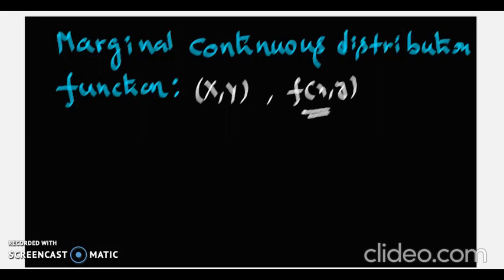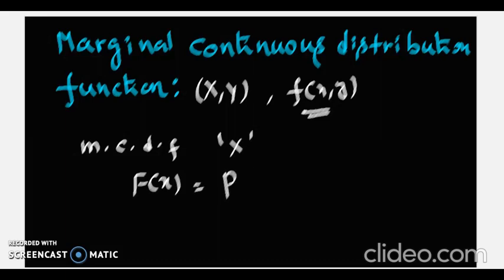Now the marginal continuous distribution function of the continuous random variable X is defined as capital F of x equal to the probability of X less than or equal to small x.